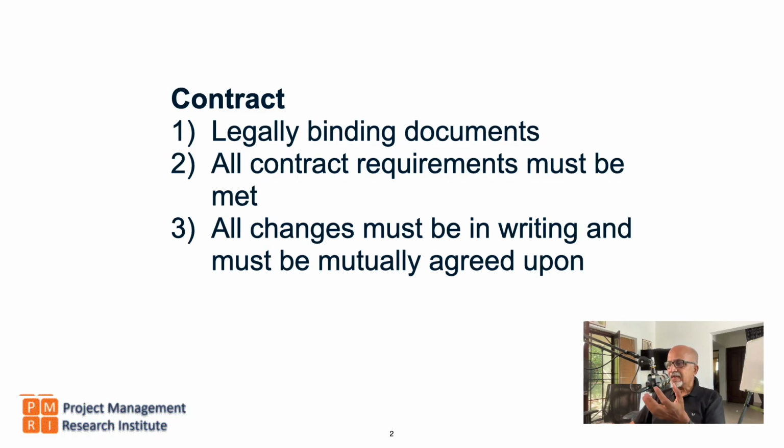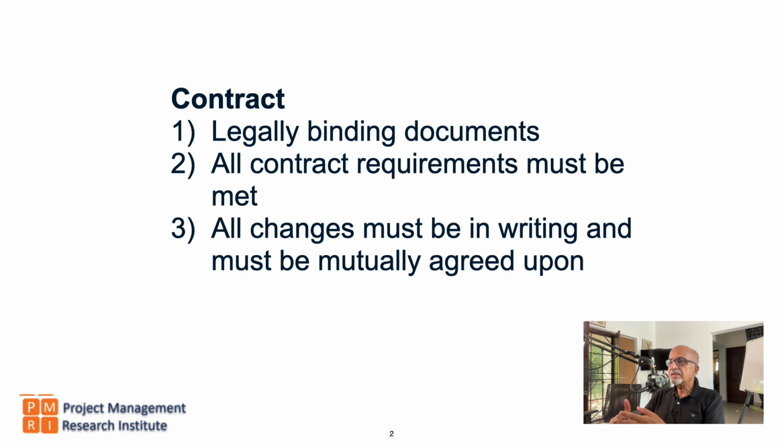What is a contract? A contract is a legally binding document, and all contract requirements must be met. If there are any changes to the contract, all changes must be in writing and must be mutually agreed upon.